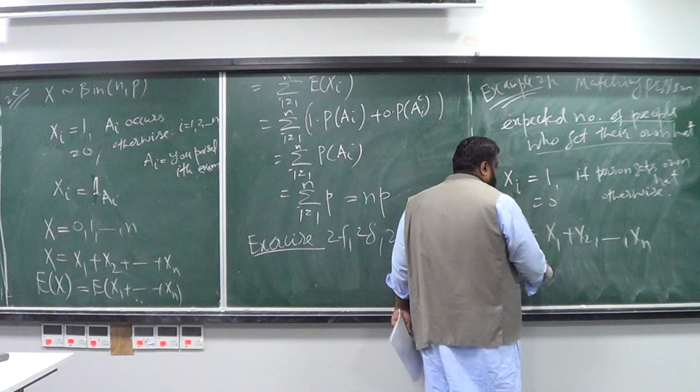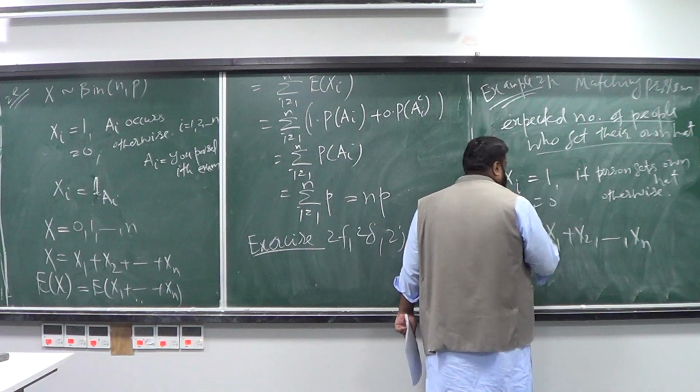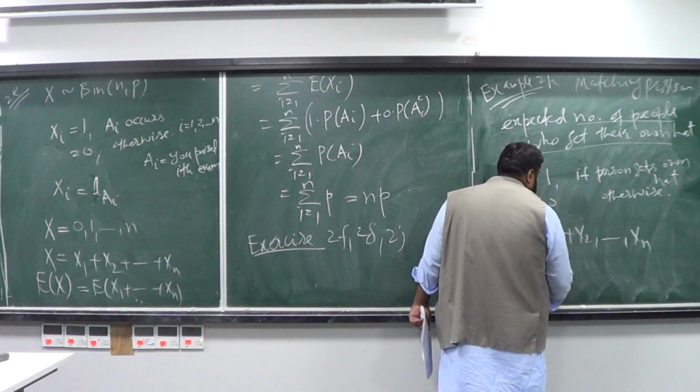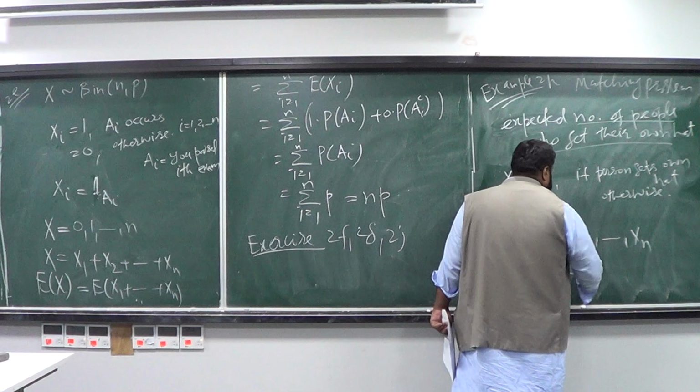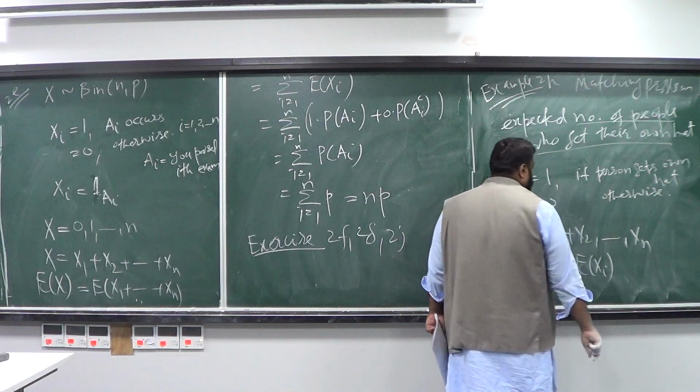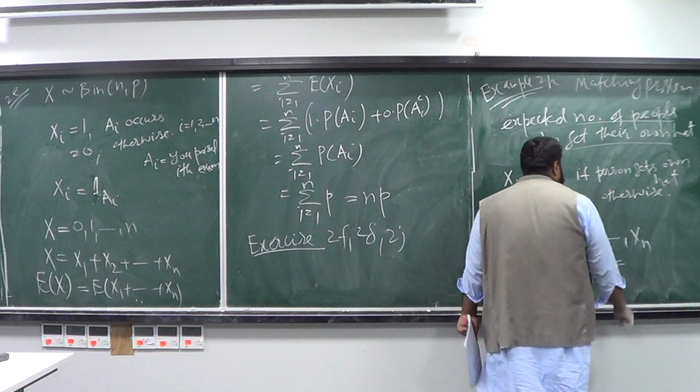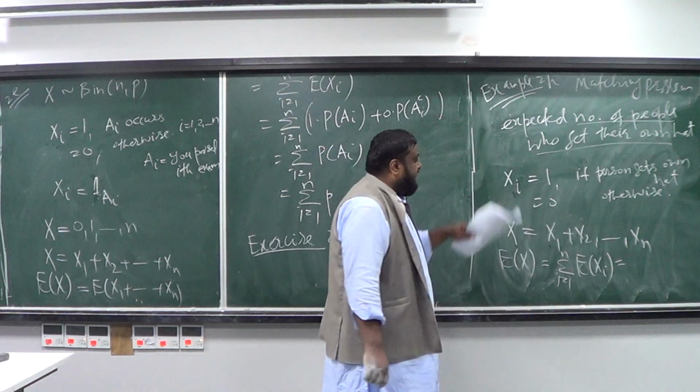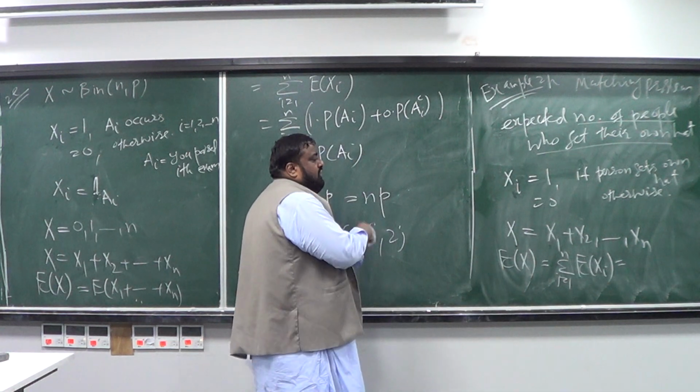So this expectation is going to be equal to the sum from 1 to n of the expectation of Xi. But Xi takes two values.